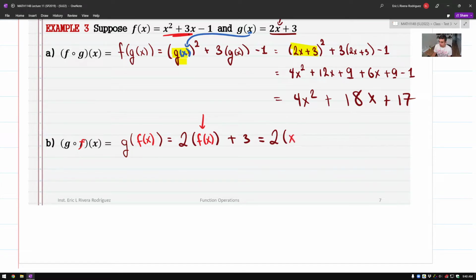So f of x is equal to 2x squared plus 3x.